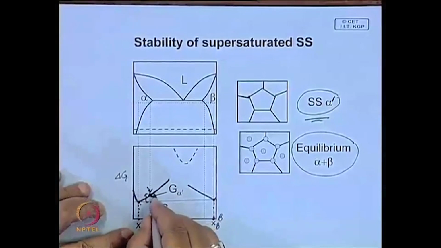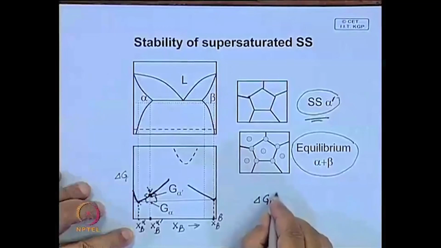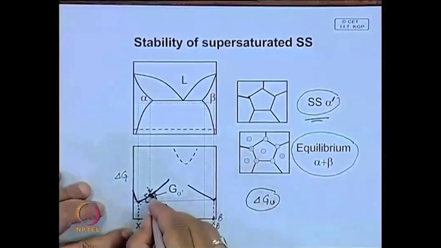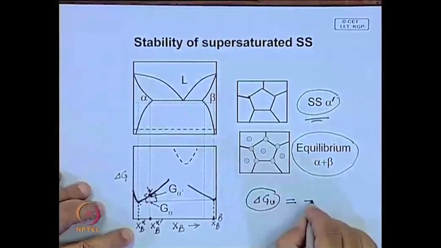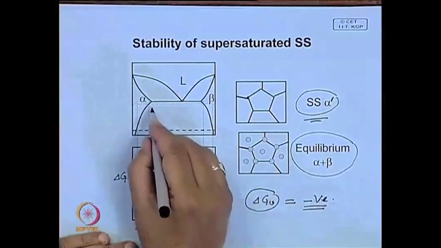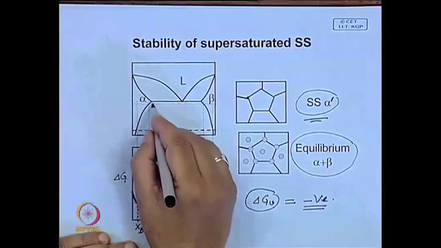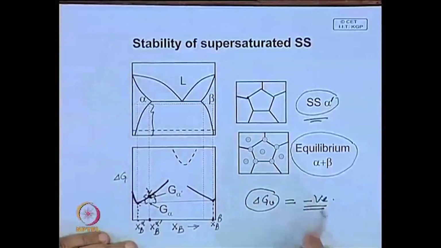So, there is a measure of some amount of instability, and this delta G, we call this delta G V. This is the measure of instability and this is negative at room temperature. So, there is a driving force, and it is quite large, if this is the temperature difference from this to room temperature.